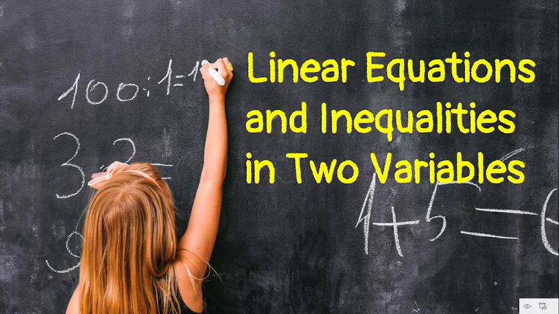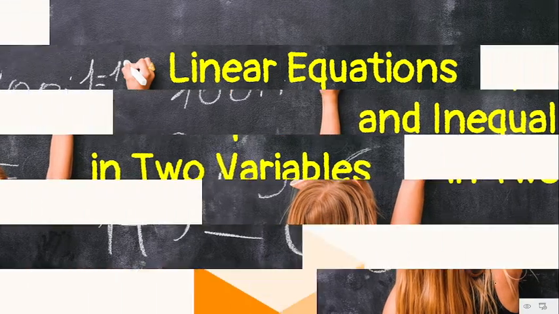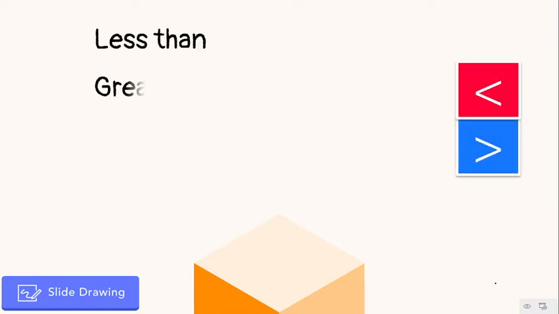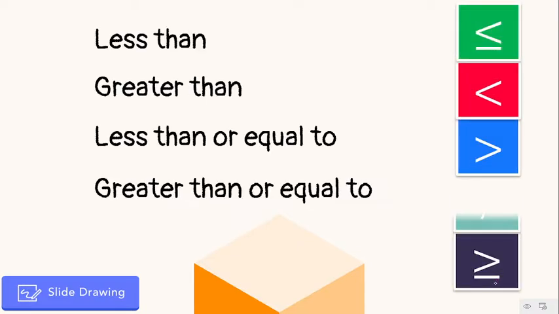Okay, so let's start. Linear equations and inequalities in two variables. I have here different symbols: less than, greater than, less than or equal to, greater than or equal to, and not equal.